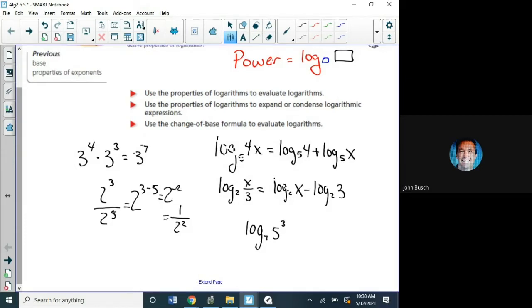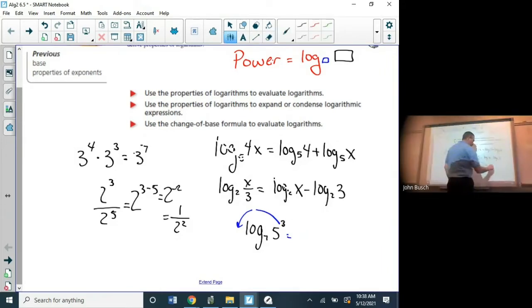When you have a power inside of a log, this power on the exponential part can become a coefficient in front. So that would equal 3 times log base 7 of 5.